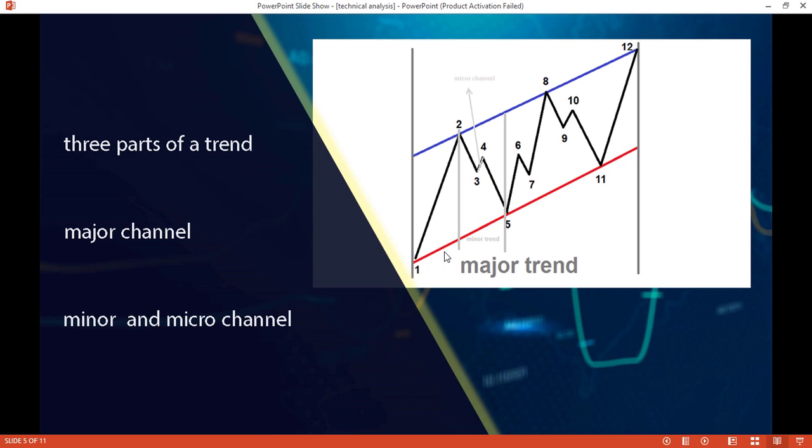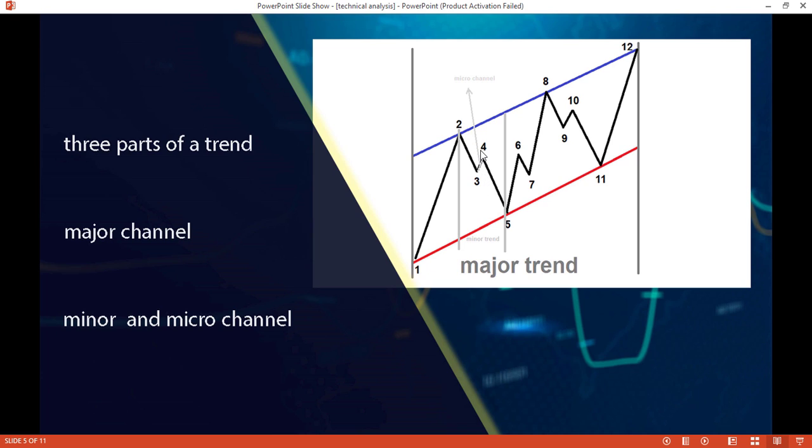Micro channels are mostly, let's see, from 2 to 3 we have a micro channel, a micro movement.